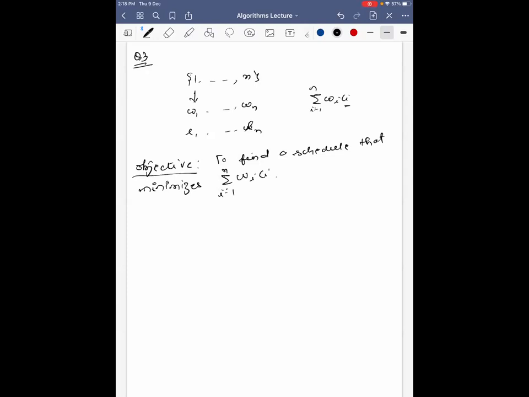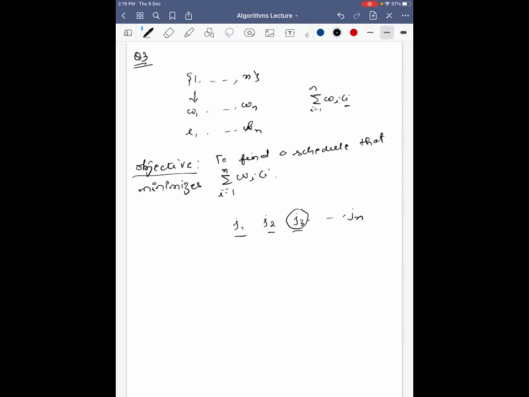Let's say in a schedule you have the following sequence of jobs, J1, J2, J3, all the way up to Jn. Then the completion time of J3 will be the length of J1 plus J2 plus J3. Similarly, the completion time of J2 will be the length of J1 plus the length of J2.